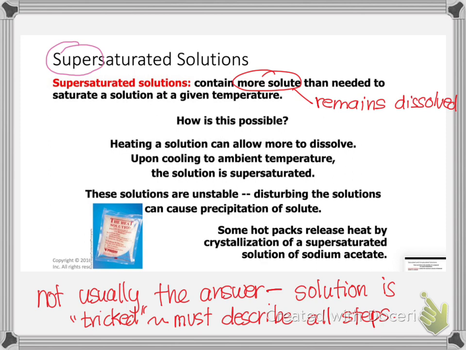And if it's supersaturated, all of the solute will remain dissolved and none of it will come back out of solution, even though you added more than the limit at the cooler temperature. So it's the process of heating it up to raise the limit, then carefully cooling it back down so you lower the limit, but the solution is tricked in that it allows the extra to stay dissolved.